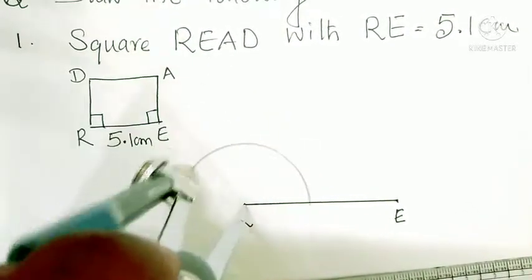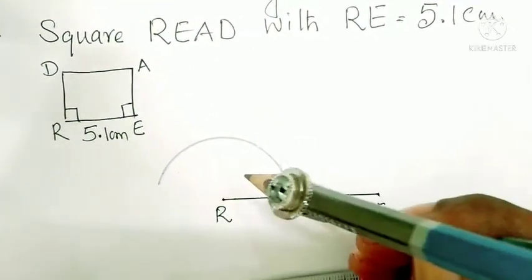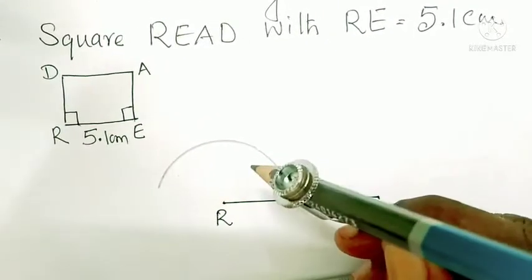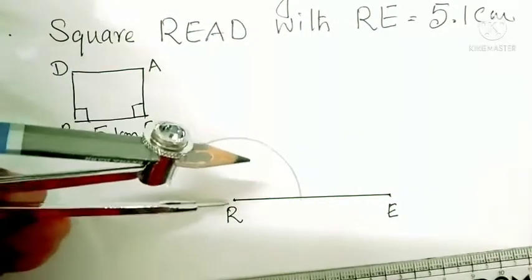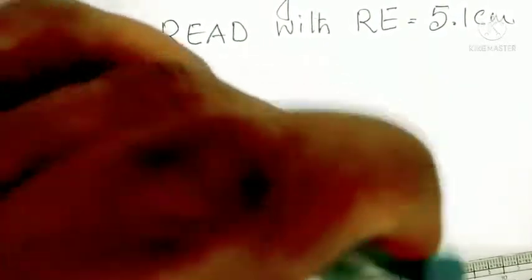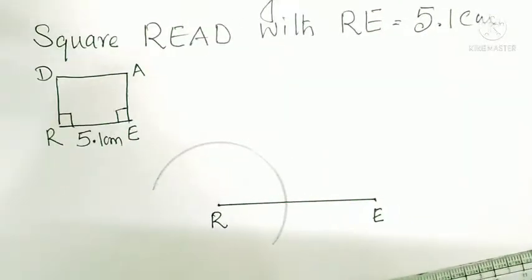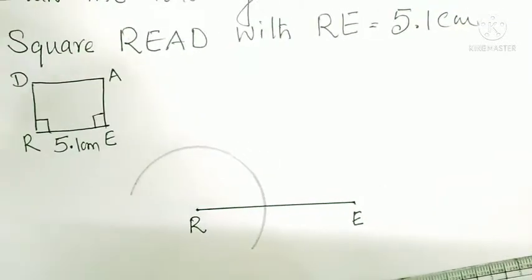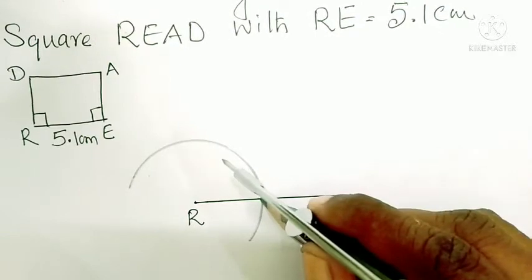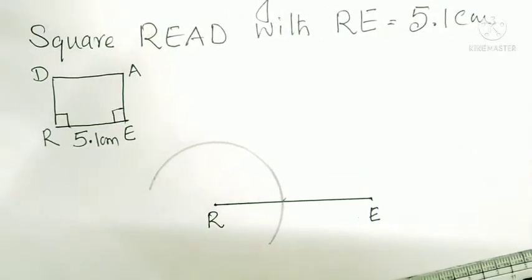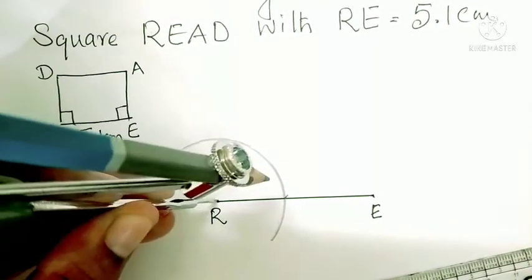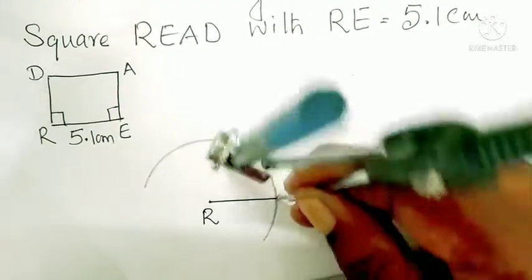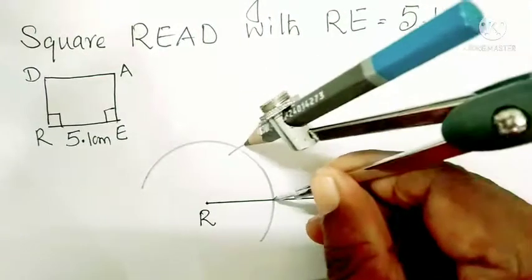Then keeping it at this point. See, usually children make a mistake. If this arc has gone like this, some children draw the arc like this, and then take the distance from here. That is a mistake. So where you have to take, where the line touches the arc from here. So take the same distance once, then second arc is for 60 degree.